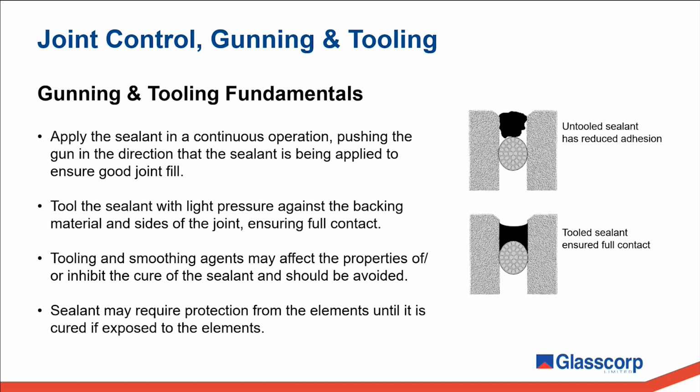The tooling should be done before the sealant begins to form a skin, so that's typically within the range of 5 to 20 minutes. The use of tooling agents such as water, soap, or solvent, what we call wet tooling, should be avoided. They may affect the properties of the sealant, affect its cure, or potentially have an adverse effect on the adhesion of the sealant.